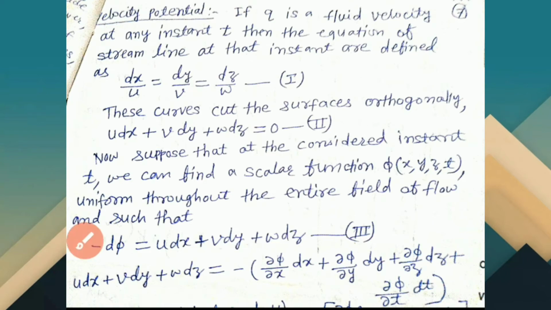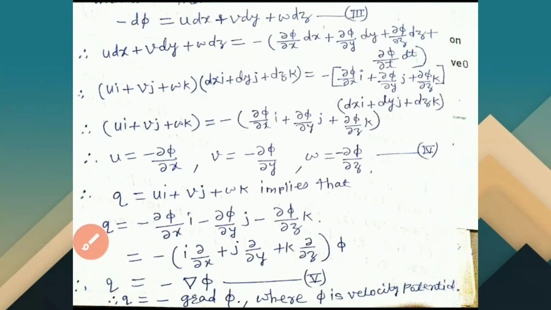So this can be written as ui plus vj plus wk into dxi plus dyj plus dzk.